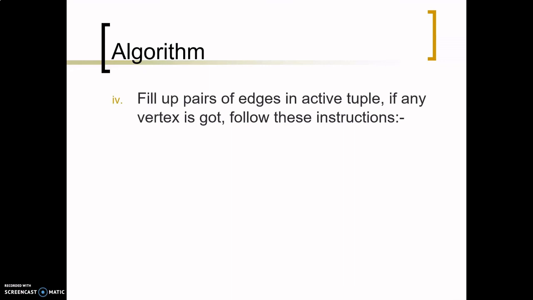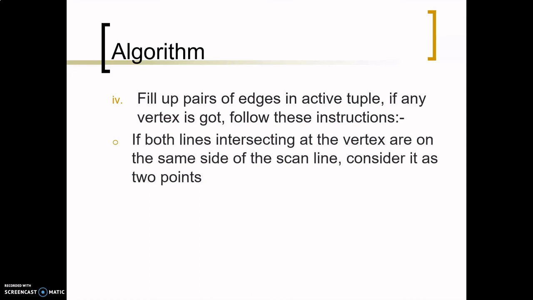Our next step is to fill up pairs of edges in the active tuple. If any vertex is met, follow these instructions. If both lines intersecting at the vertex are on the same side of the scan line, consider it as 2 points.